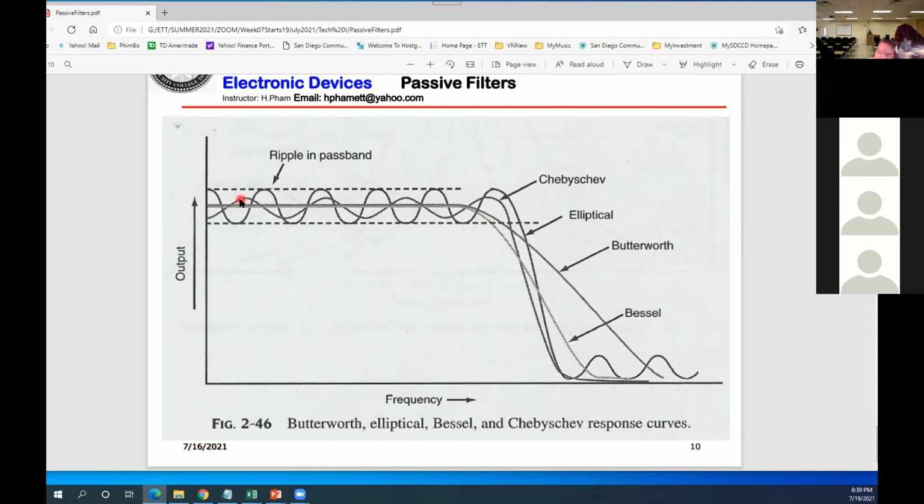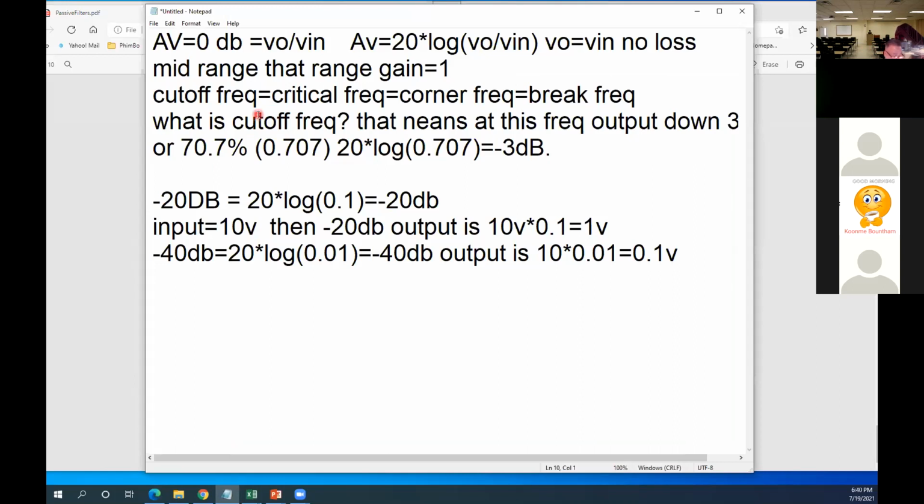What is ripple? Noise. In the passband. Unwanted signal. You mean AC riding on DC?